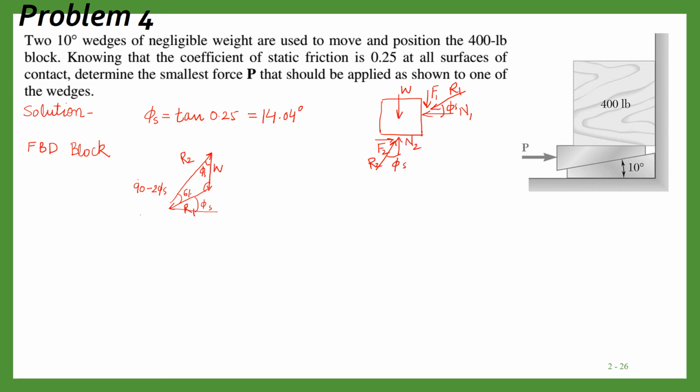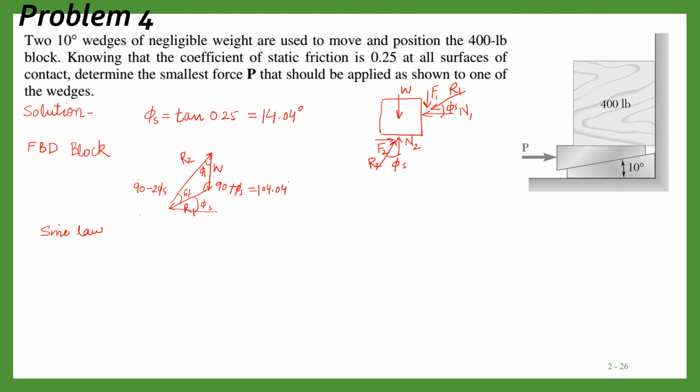Then you can apply the triangle law to find this angle also. This angle will be 90 plus phi s, because up to this we have 90 and this phi s is added, so this angle will be 104.04 degrees. This angle we have calculated by using the triangle law.